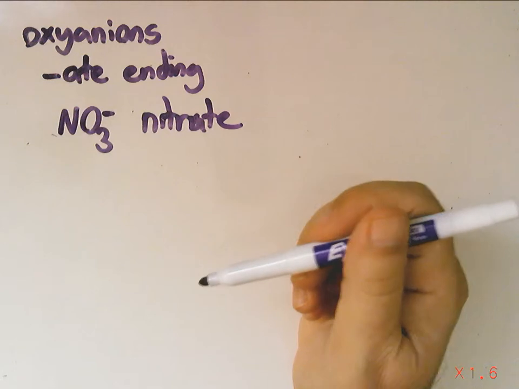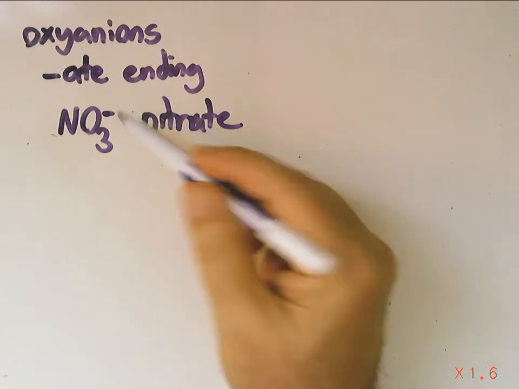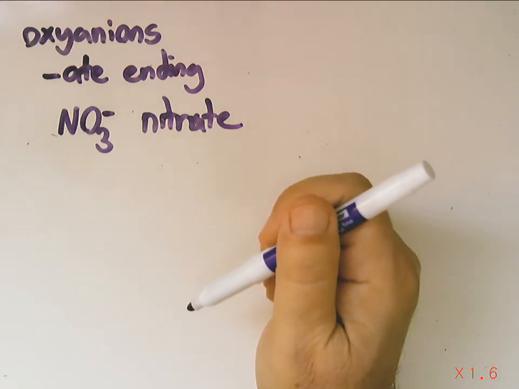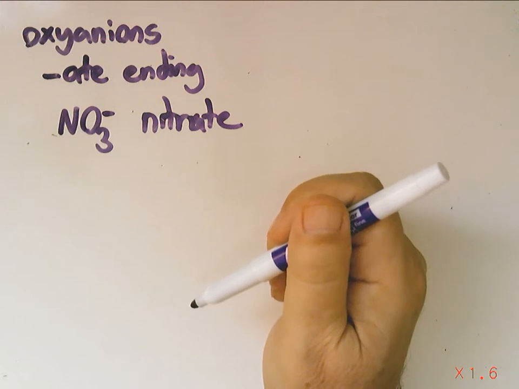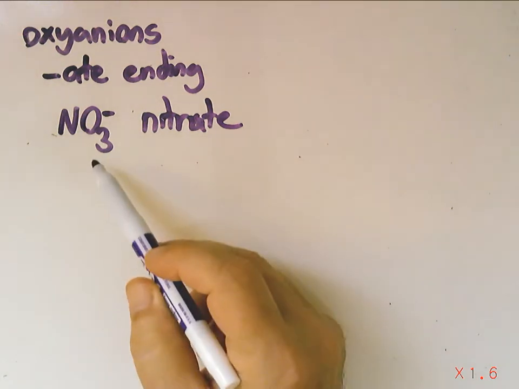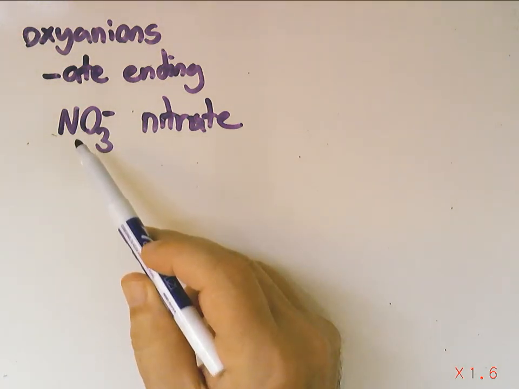And how do I know it's 3? Why not 2? How do I know the charge is -1? Why not -2? Well, we can answer questions like that, but only after we learn how to draw Lewis structures. So for now, and in general, we want to memorize this.